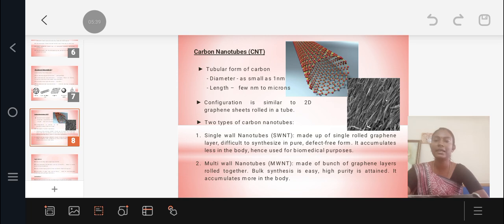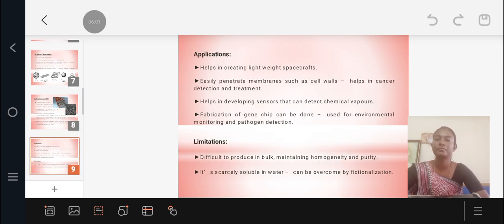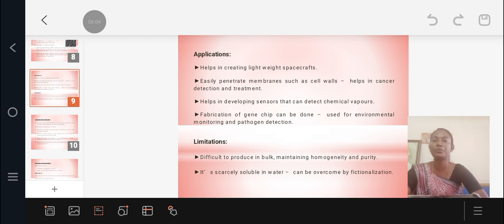It accumulates less in the body, hence it is used for biological purposes. Multi-wall nanotube is made of a bunch of graphene layers rolled together. Bulk synthesis is easy and high purity is attained. It accumulates more in the body. Applications of carbon nanotubes: it helps in creating lightweight spacecraft, easily penetrates membranes such as cell walls, and helps in cancer detection and treatment.